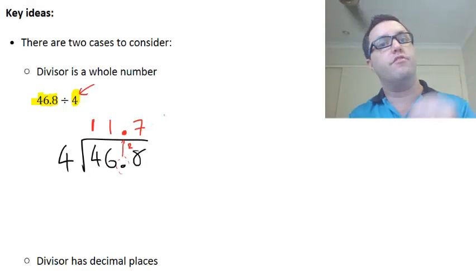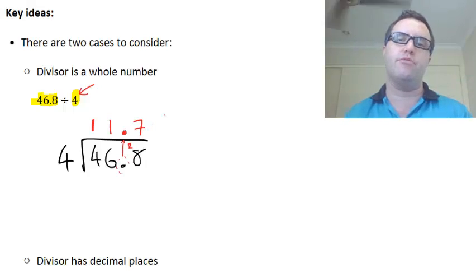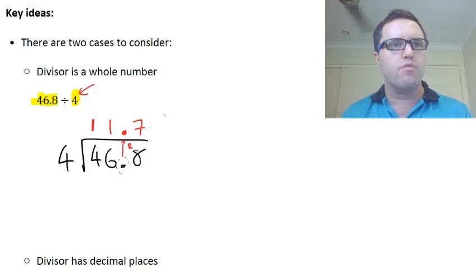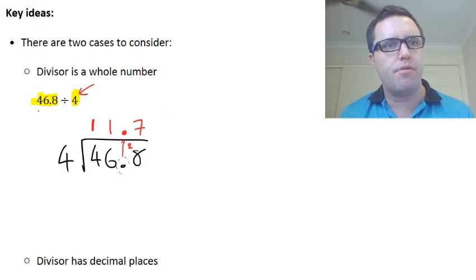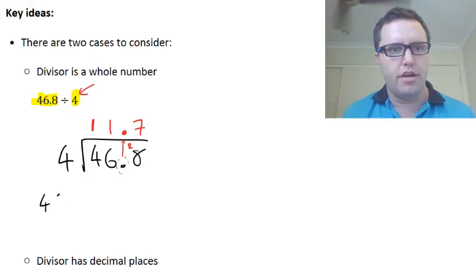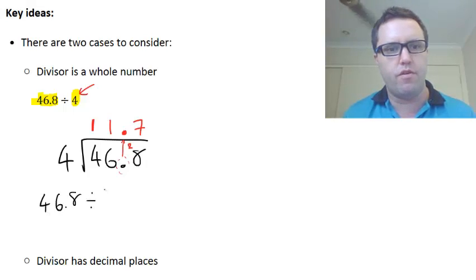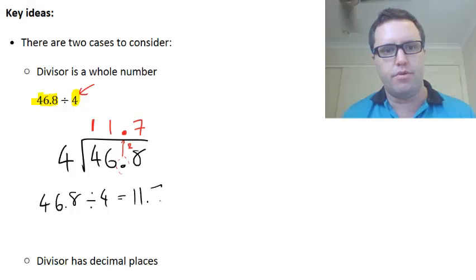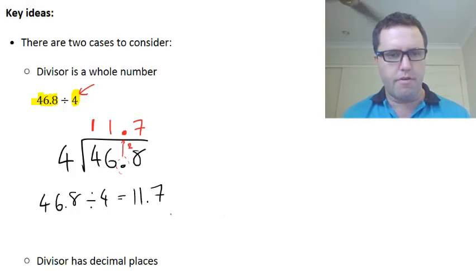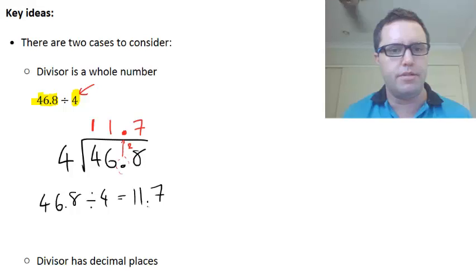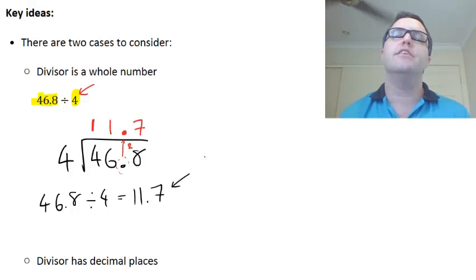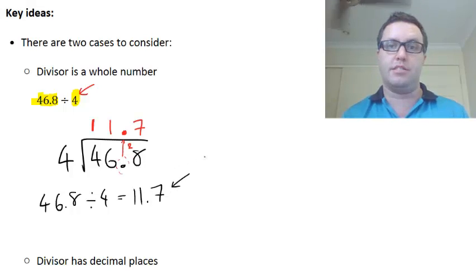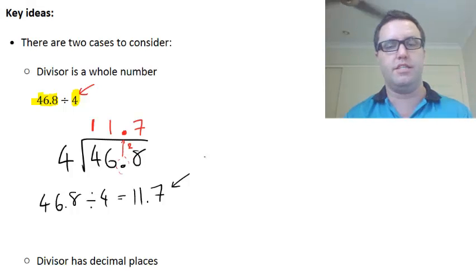So if the divisor is a whole number, set up the algorithm as normal. It's a good idea to then show that 46.8 divided by 4 is equal to 11.7. It's okay for the quotient to be a decimal number as long as the divisor is not.